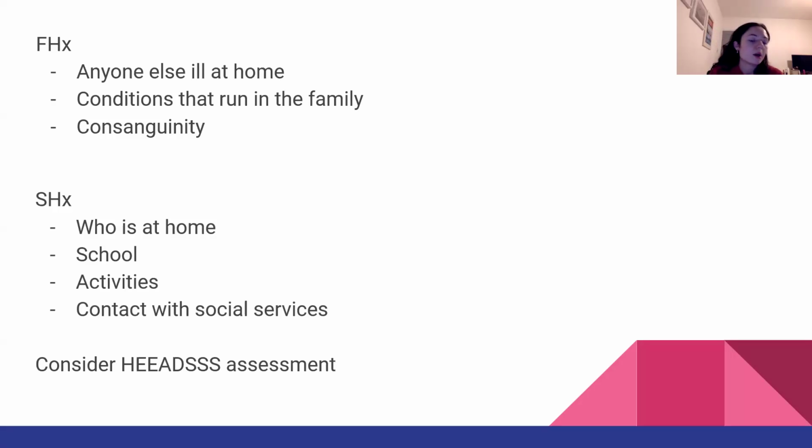So you want to ask about home, eating, education, activities, drugs and alcohol, sex, self-image and relationships. What was the other one? Safety, self-harm, suicidality, things like that. And safety in the general aspect. Is there anywhere they feel unsafe? Things like that. And include social media as well.